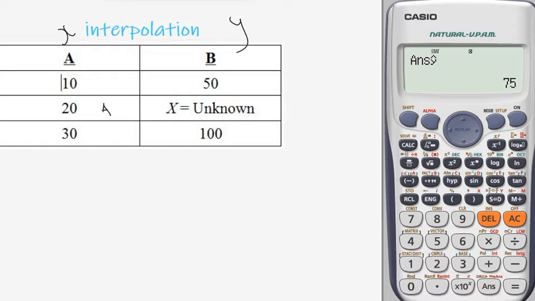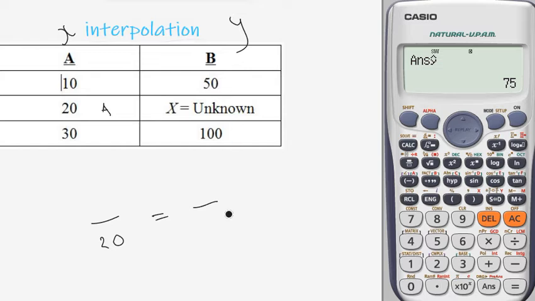Simple. If you don't believe in machines and wonder how it happened, you could just use the traditional way of interpolating and you still get the very same answer. Let me do it for you here. The difference between the two numbers is going to be 20, obviously.